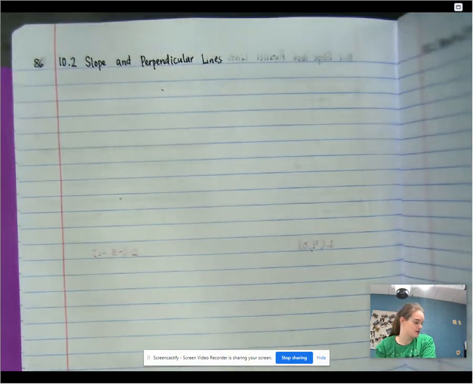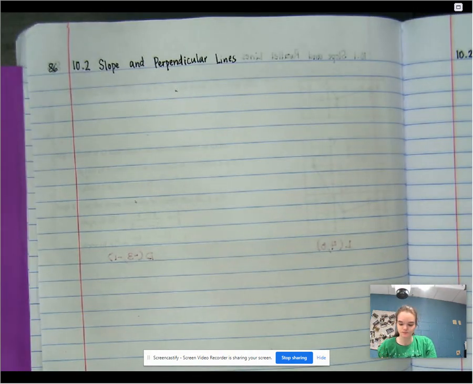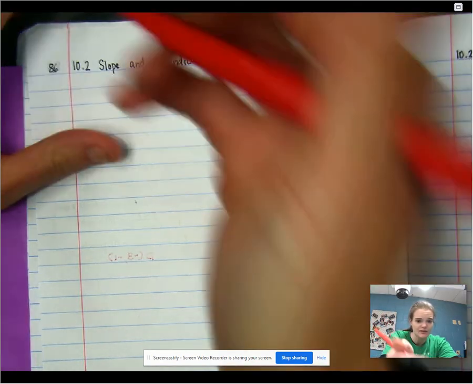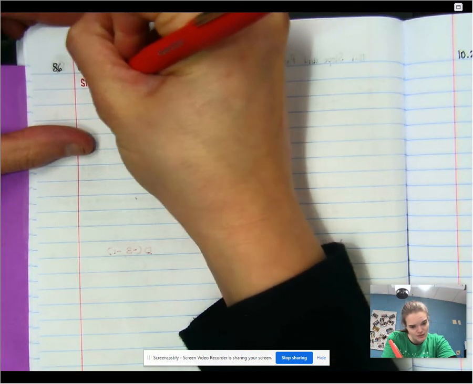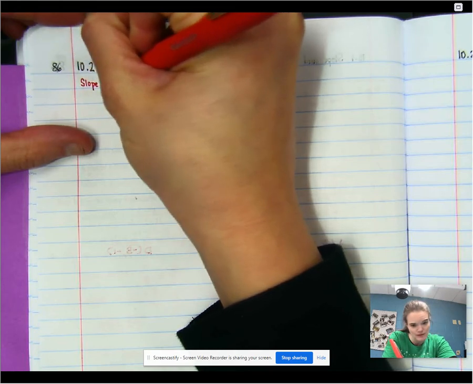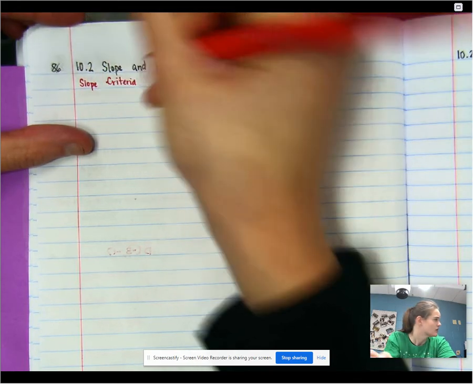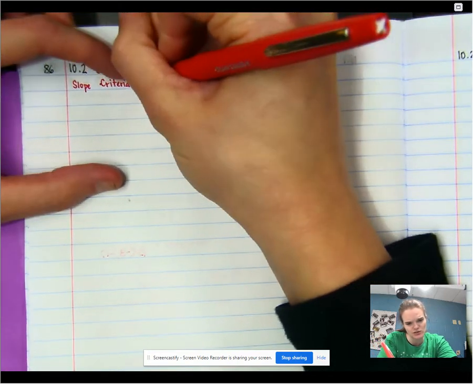Let's talk about slope criteria for perpendicular lines. Now, you've heard of this many times, just in a different way, and I'll explain what I mean by that. So slope criteria for perpendicular lines.